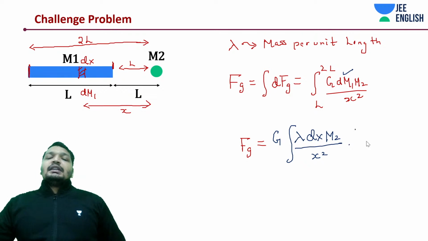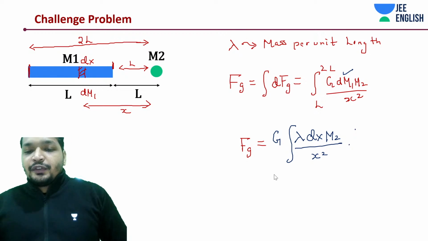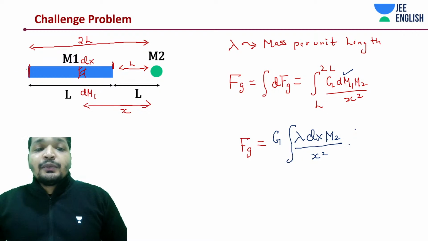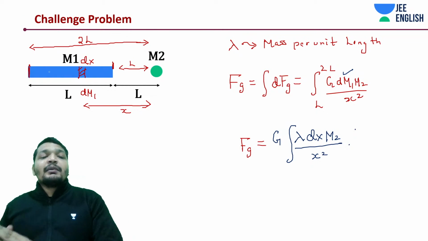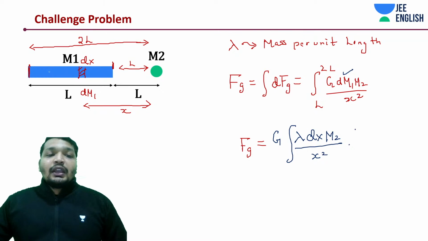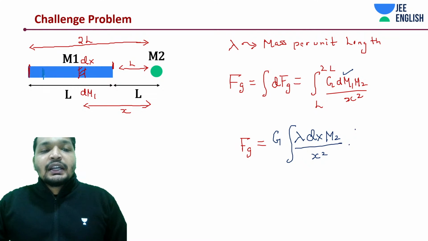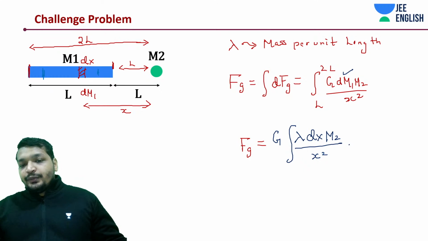Now here comes the real question for many of you. What if this mass distribution was not uniform? One of the best examples why you cannot apply center of mass. Let's say the mass here was greater compared to the mass over here, then a lambda function would be given to you.